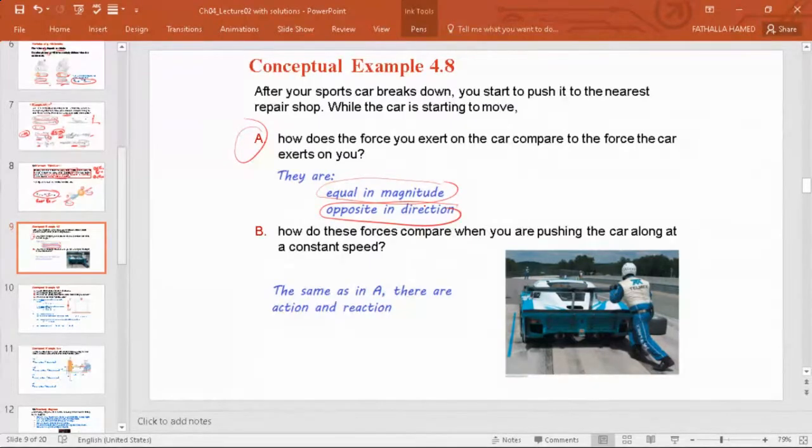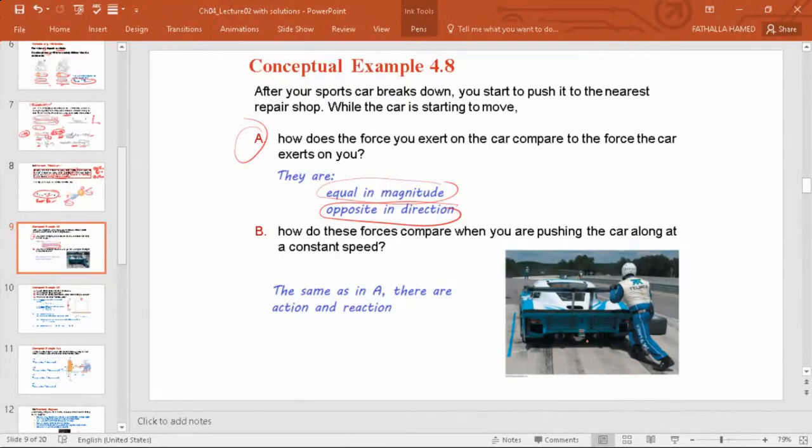So here, the driver pushes on the car, and the car will push back on the driver. So the car will feel the force that is applied on it by the driver, and the driver will feel the force applied by the car on him.